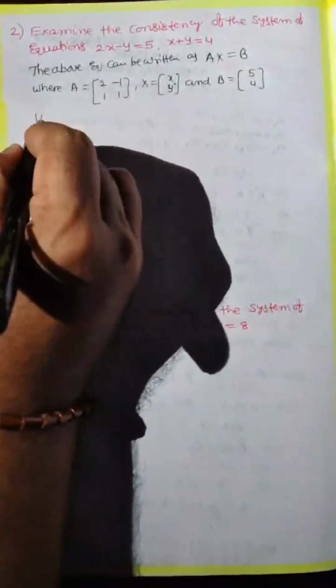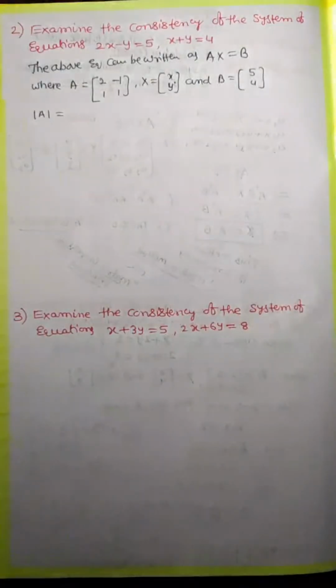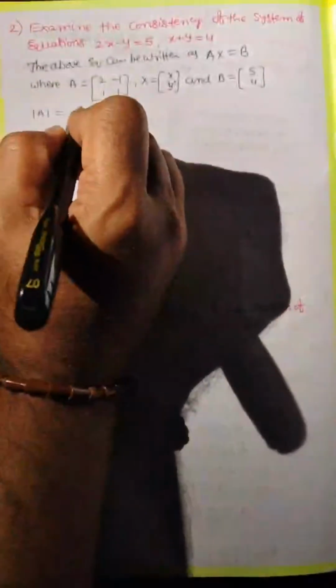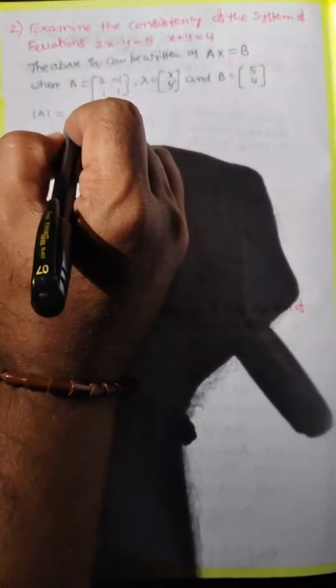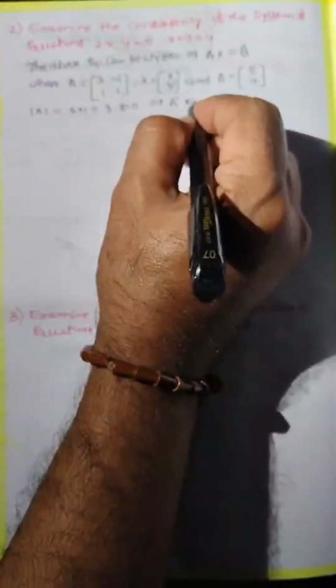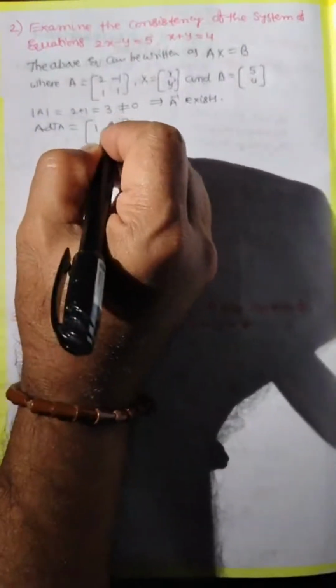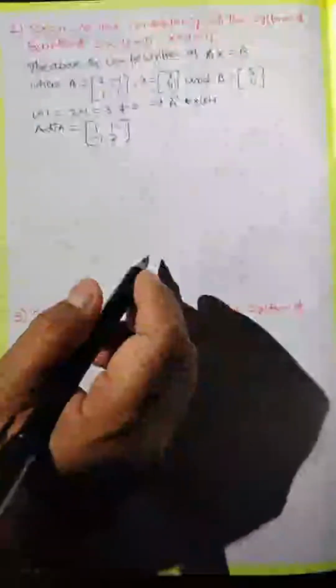So for this, immediately calculate determinant of A. So determinant of A equal to 2 minus of minus 1, 2 plus 1, which is equal to 3, that implies not equal to 0. A inverse exists. Whenever A inverse exists, calculate adjoint A. Adjoint A equal to interchanging of diagonal elements and sign changing of non-diagonal elements.